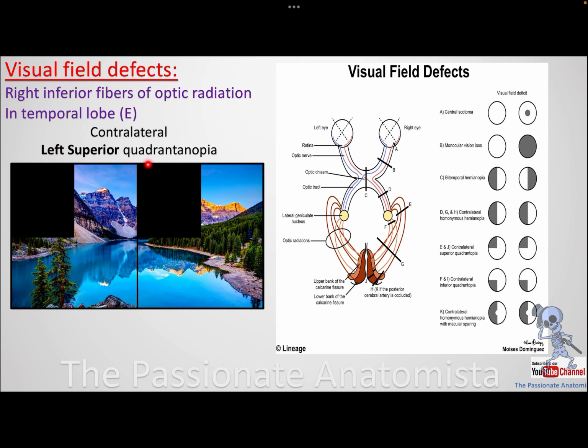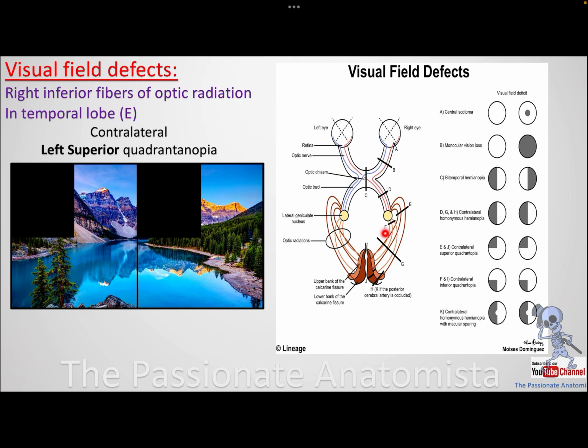Left superior quadrantanopia. Quadrantanopia, guys. Superior quadrantanopia. Right inferior optic radiation, left superior quadrantanopia. It's opposite in up and down orientation, and opposite in right and left orientation.